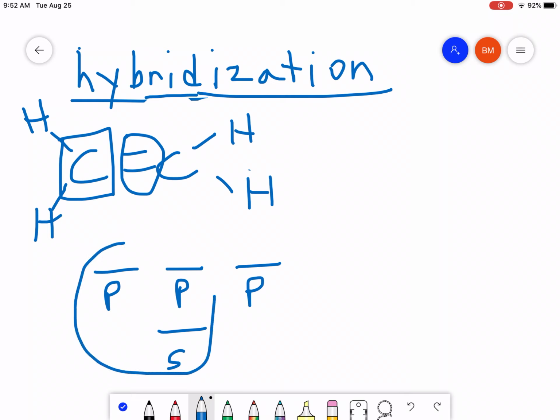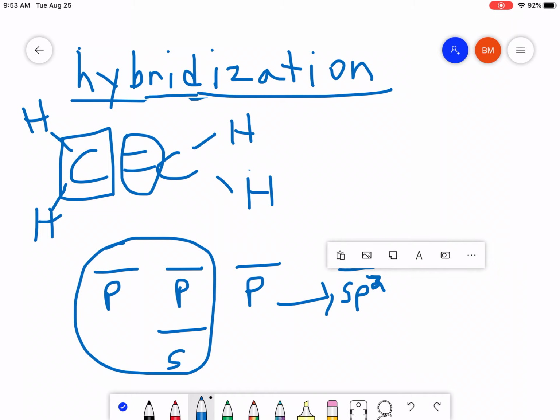Sometimes the s orbital will combine with only two of the p orbitals. All right. So if we go by the orbitals in, orbitals out model, we combine three orbitals here, one s and two p's, and we should get three hybrid orbitals. And those are going to be not sp3, but they're going to be sp2.